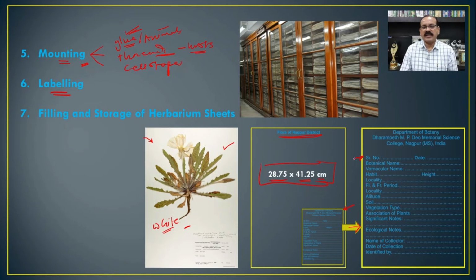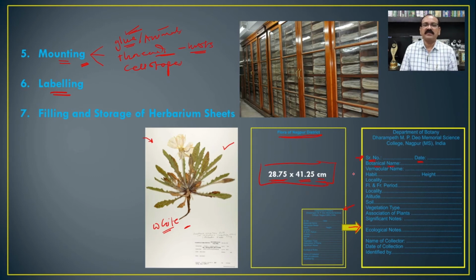In addition to that, we have to mention the serial number of the herbarium sheet for that particular area. Then the date of the preparation or collection, then the botanical name of the plant, which will be completely dependent upon the identification of that organism.